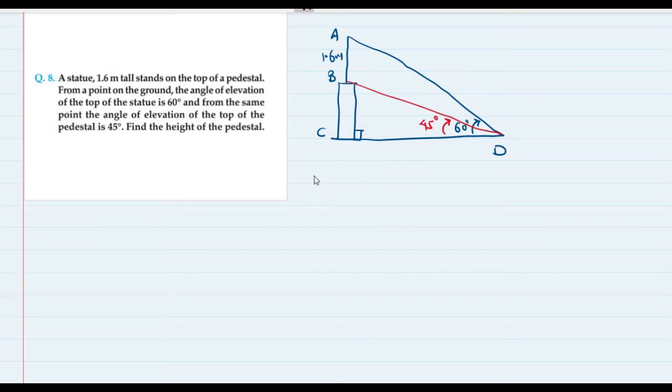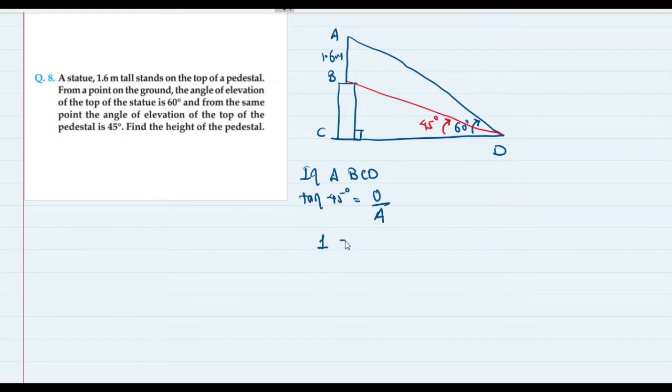So first we are going to talk about triangle BCD. In triangle BCD, tan 45 is equal to opposite upon adjacent.